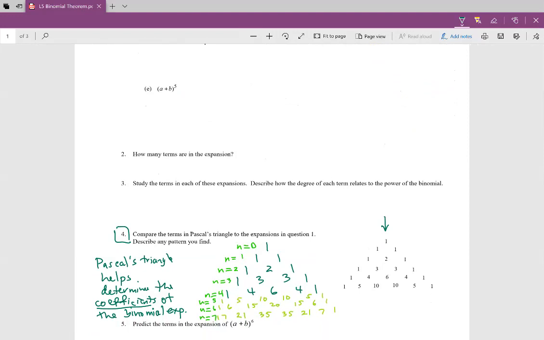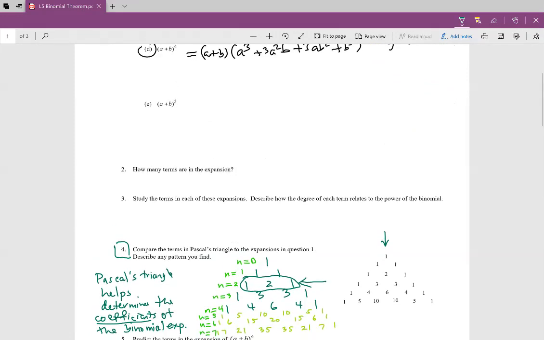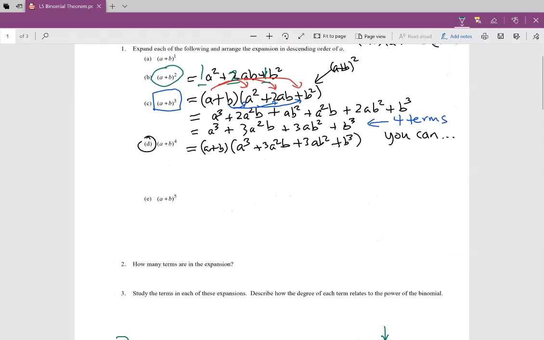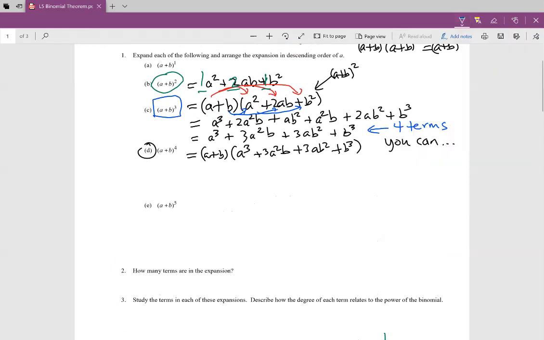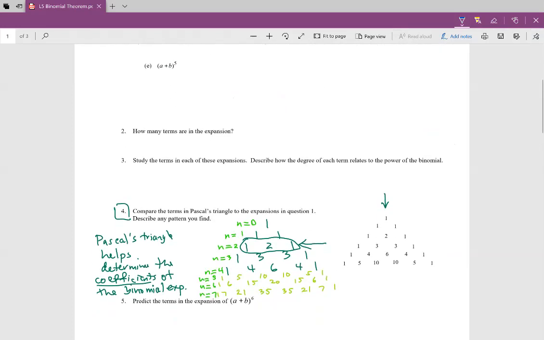Where's the 1, 2, and 1? Well, it happens to be right here. So maybe it's a neat little pattern. Well, let's take a look at our blue one. What are the coefficients? 1, 3, 3, and 1. And from Pascal's triangle, can you see the 1, 3, 3, 1? I think you can.